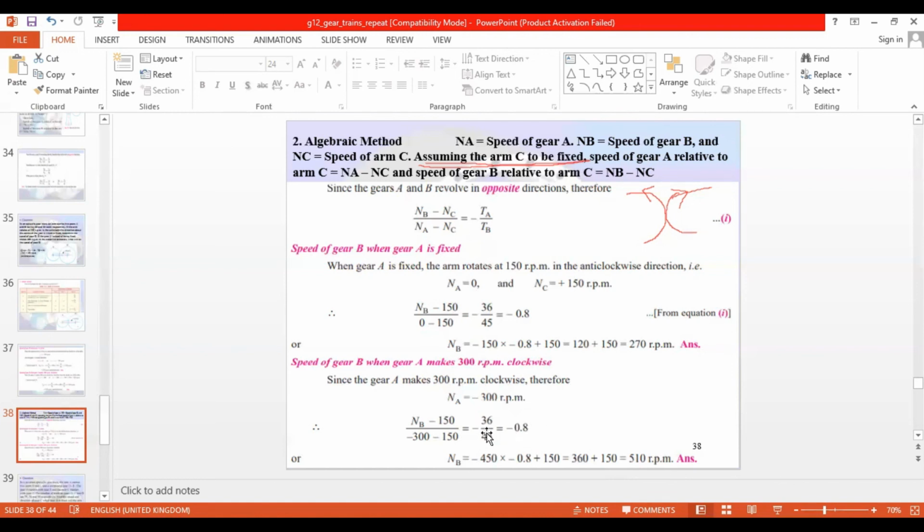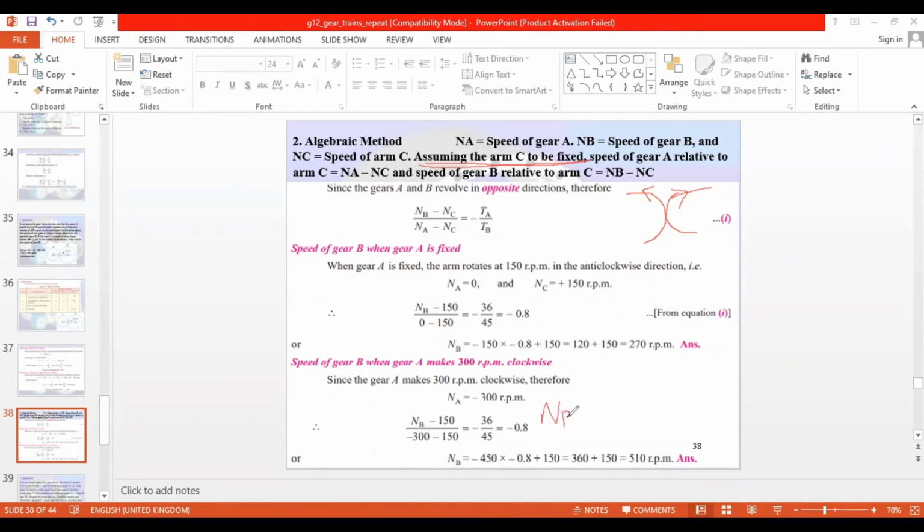So NB minus 150 is equal to minus 0.8 into minus 450, which is 360. Therefore, NB is equal to 360 plus 150, that is 510.